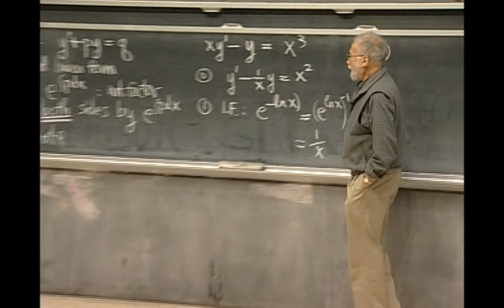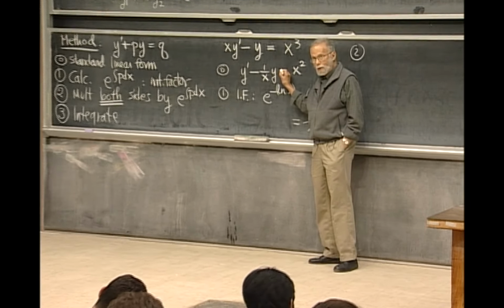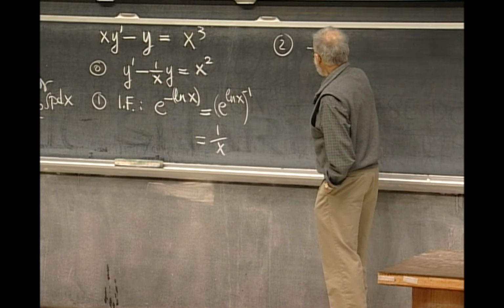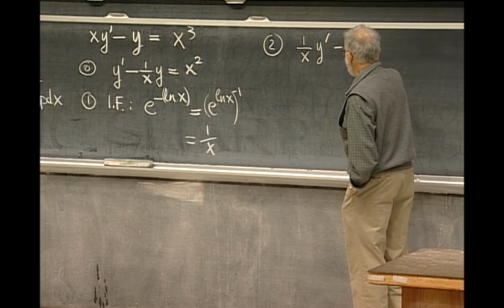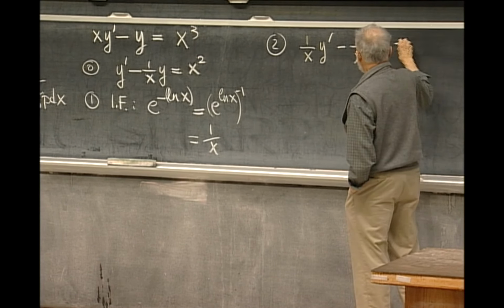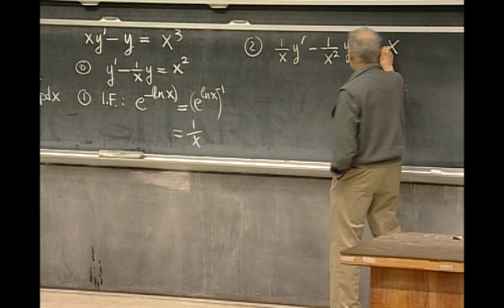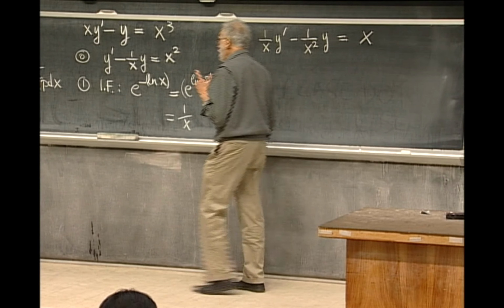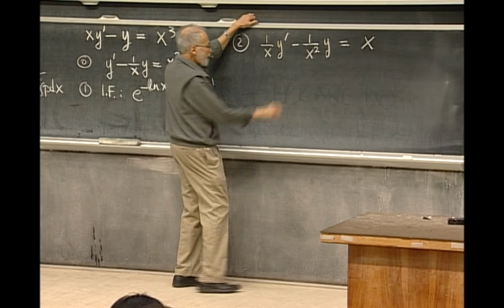Both sides of the equation written in standard form. So it's going to be 1 over x y prime minus 1 over x squared y equal to x squared times 1 over x, which is simply x. Now, if you have done the work correctly, you should be able to integrate the left-hand side directly.